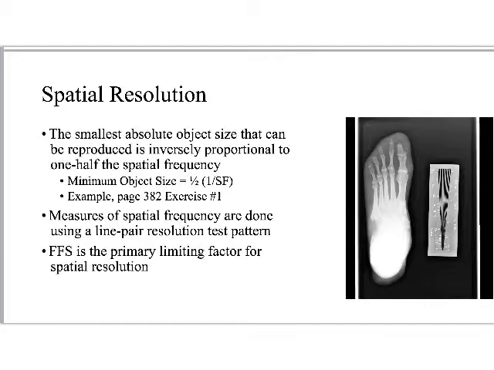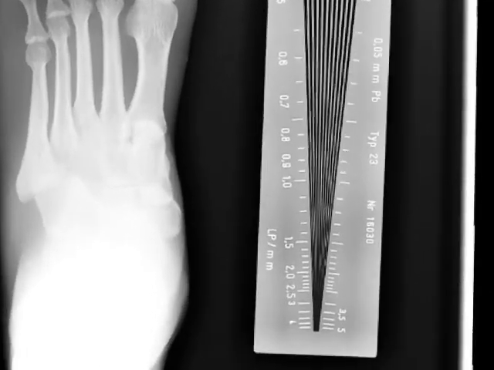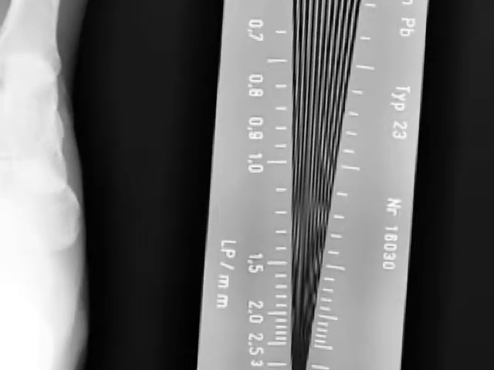So let me zoom in and show you what I'm talking about. As I zoom in here, I'm going to look at this line thing here. These little tiny lines have a high contrast. There's white lines and then there's black lines. So this device was x-rayed, and as I get closer and closer, in fact, we can see an artifact here.